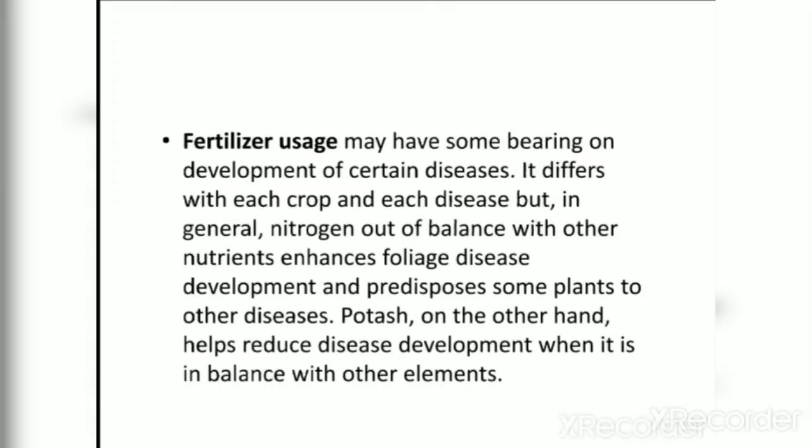At the same time, if it is potash fertilizer, it strengthens the host to fight with the invading pathogens. So here application of potash is beneficial for pest resistance and disease resistance. So balanced application of fertilizer is essential to manage certain pathogens.